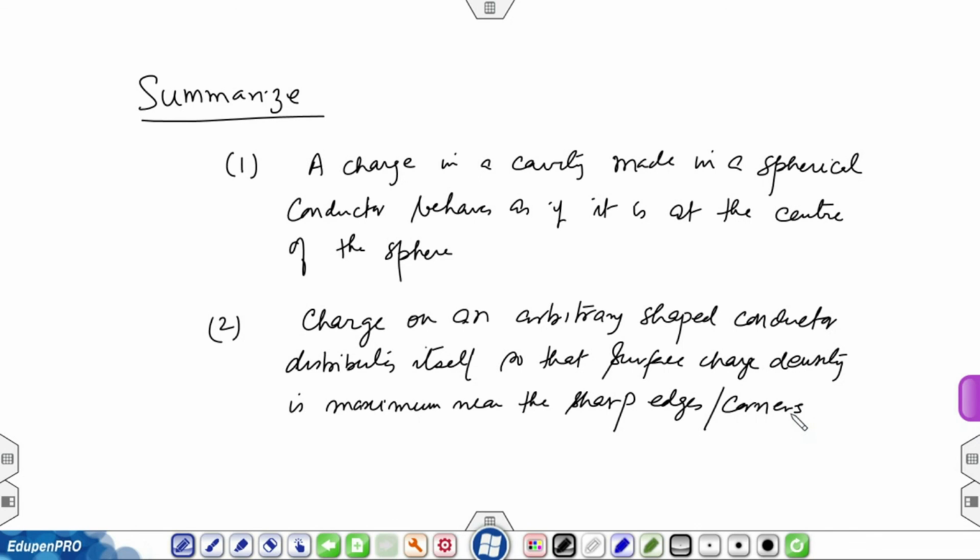This is basically to make the whole surface equipotential or keep the field 0 inside.